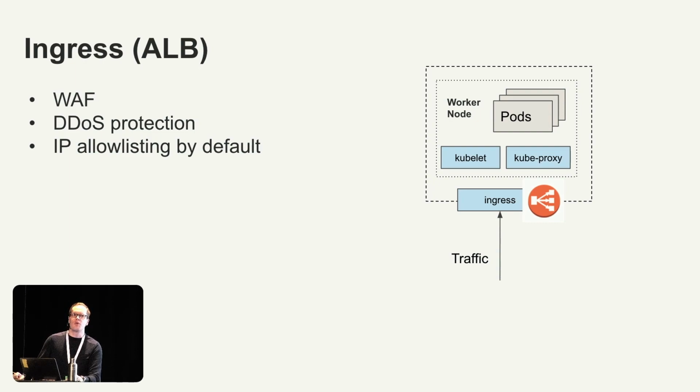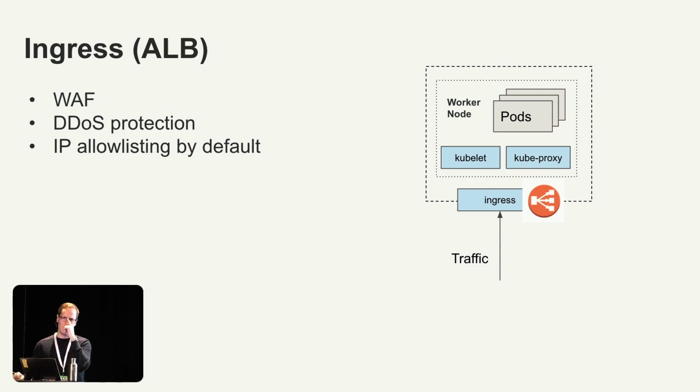And sort of for completeness, let's talk about the Ingress controller as well. Kubernetes supports a range of Ingress controllers by default. We happen to use ALB, which is supported. So that's the application load balancer from AWS. With that, we also get the benefits of web application firewall, as well as DDoS protection.